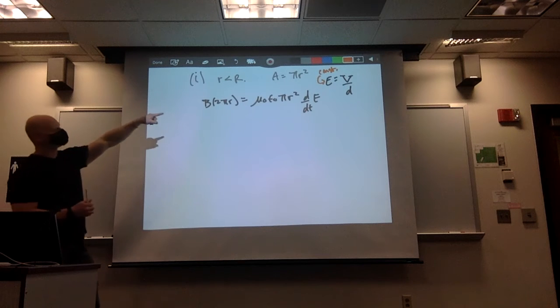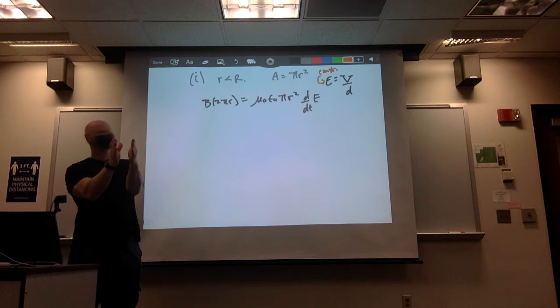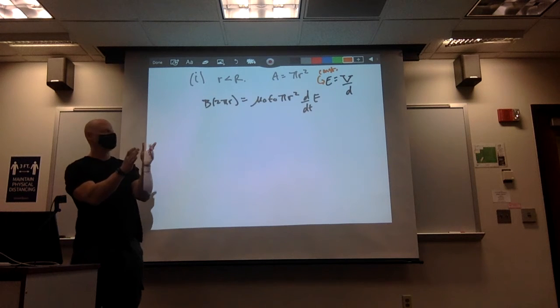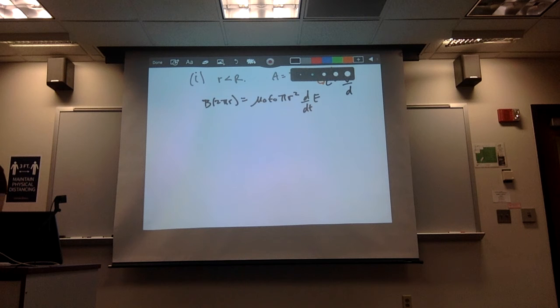Now, the spatial distance between the two plates, is that changing or is it constant? It's constant, so it's going to come outside of the derivative, and then we just have to take a derivative of the potential. So this is going to be equal to mu naught epsilon naught pi r squared all divided by d times the time rate of change of the potential.